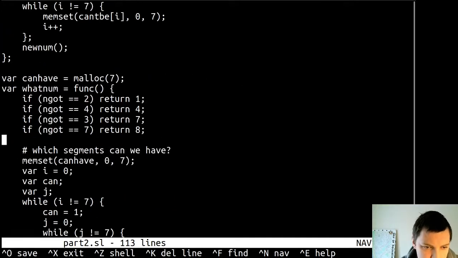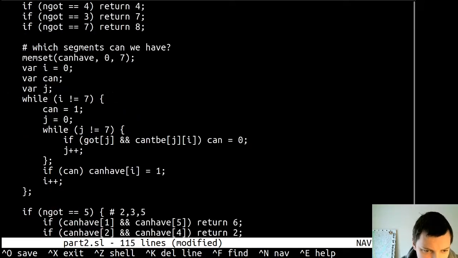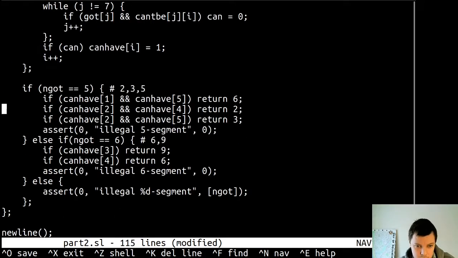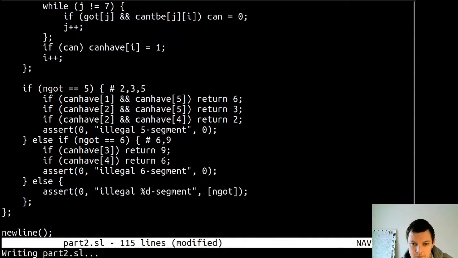What num? If ngot is 0, then we haven't actually got a number, so we'll just do nothing. But also down here, if ngot is 6, then 6, 2 and 3. Oh, yeah, this one. So these two need to be in the other order. We never set can't have 4, so testing can't have 4.